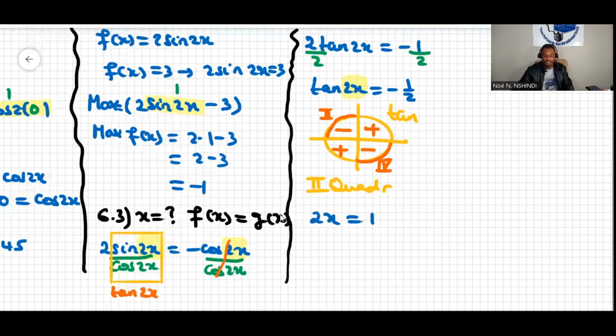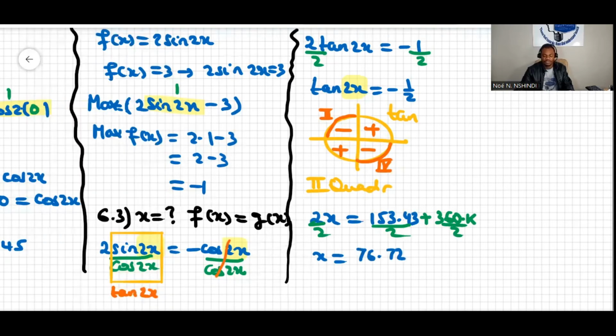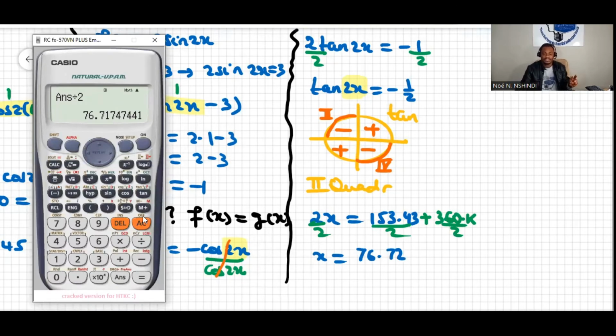So it's going to be 153.43 plus 360k. Then because we need the value of x, we divide both sides by 2, and then we get x will be equal to 76.72. We round to the second decimal place: we look at the third decimal value, and we increase the second decimal value by 1 unit if the third decimal value is 5 or more.